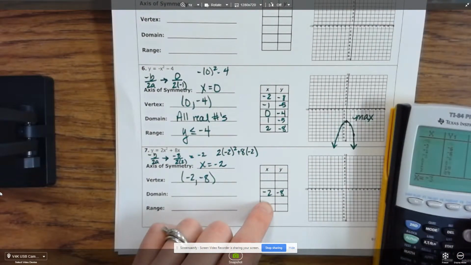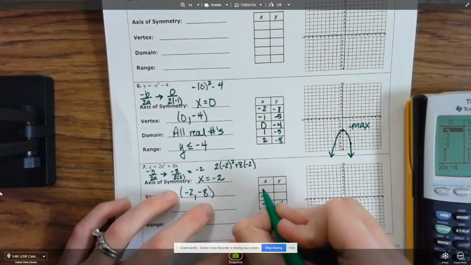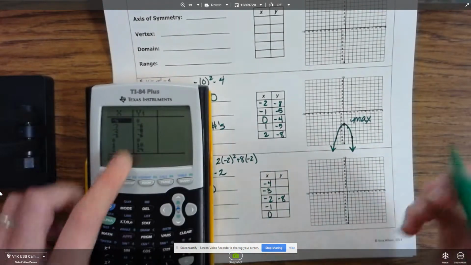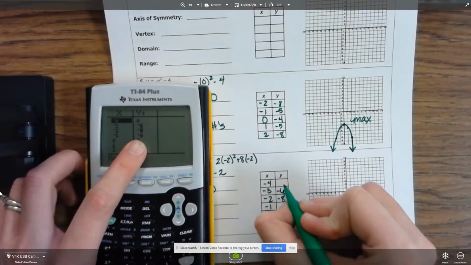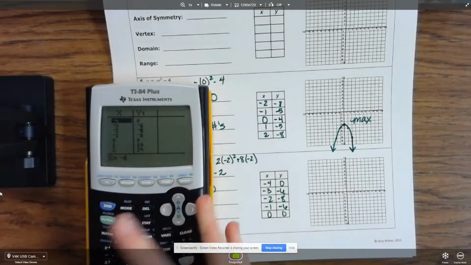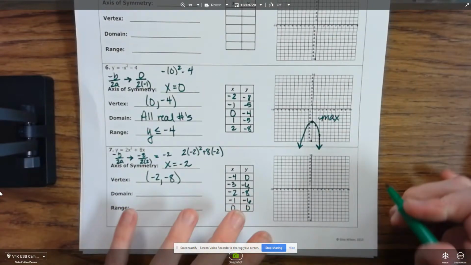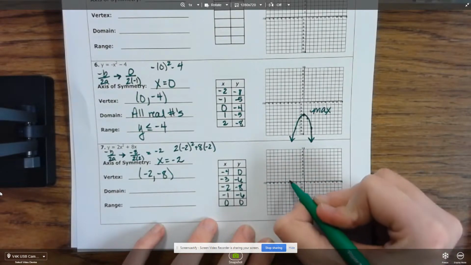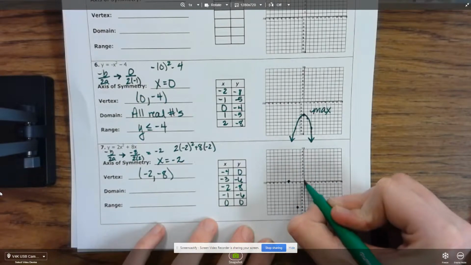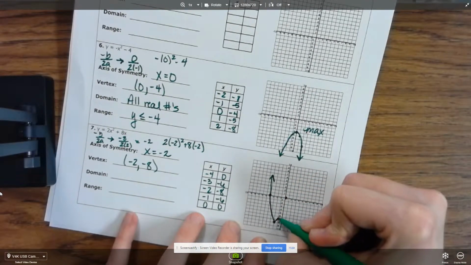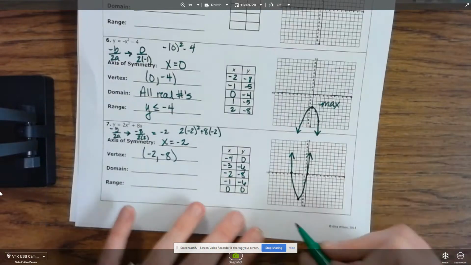So we're going to do negative 3, negative 4, negative 1, and 0. Again, I'm just filling in values straight off my table here. I know my vertex is at (negative 2, negative 8), and then I can use (negative 4, 0) and (0, 0), and I can graph my quadratic.